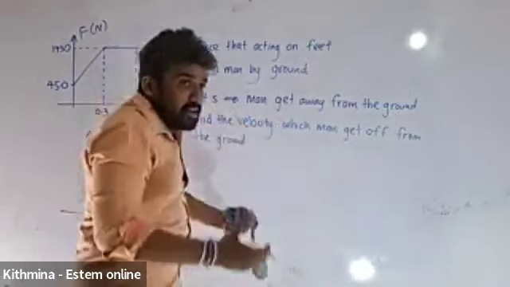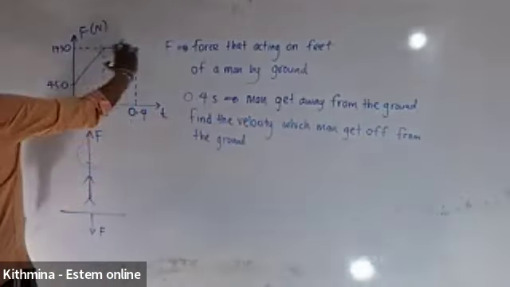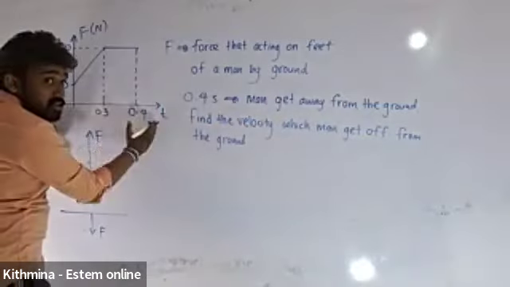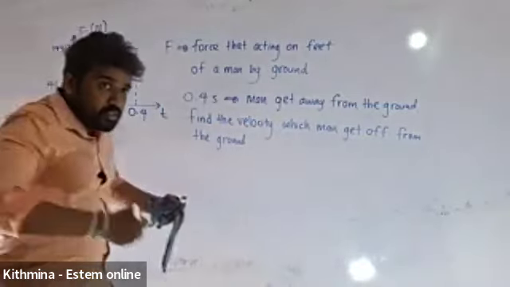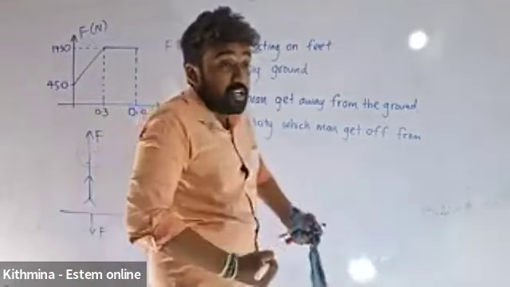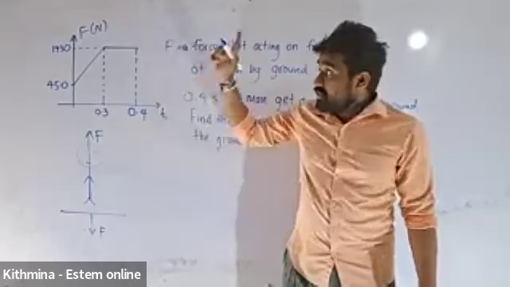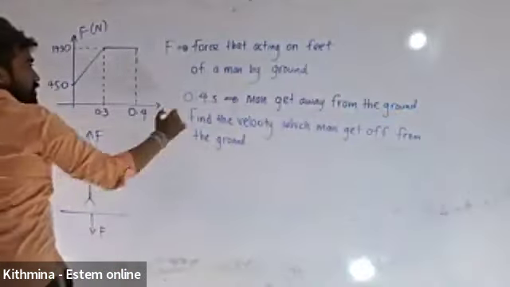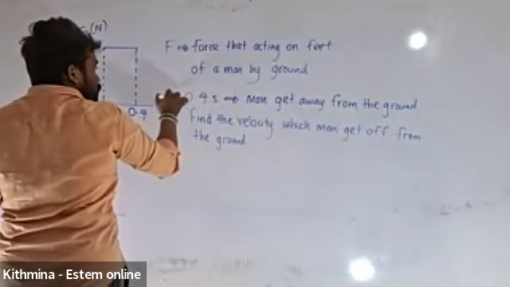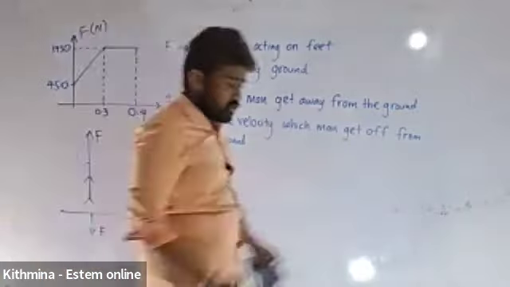This is not a second, these are 0.4 seconds. In this time, he is pushing the ground and getting the force, and finally he gets off from the ground at this point, when t equals 0.4. Find that velocity. That's the question.